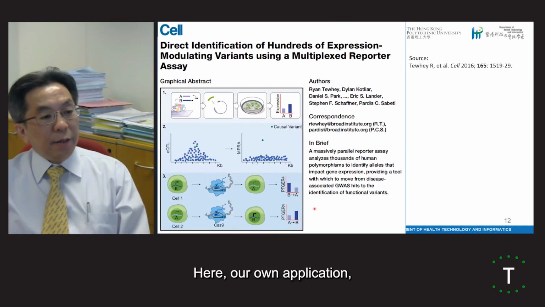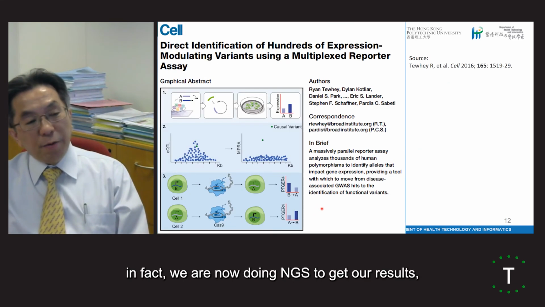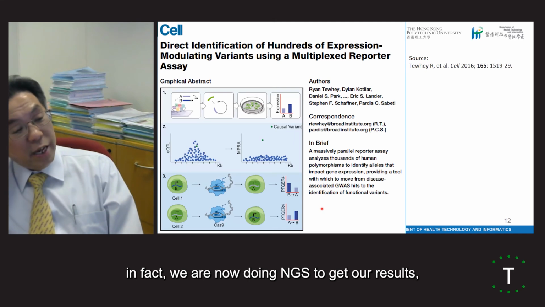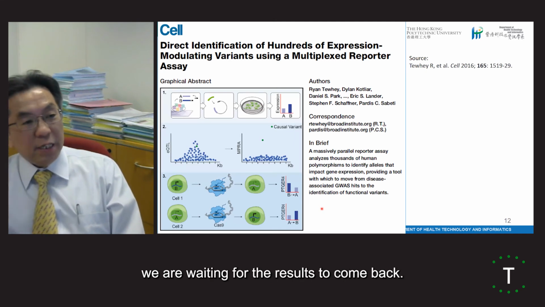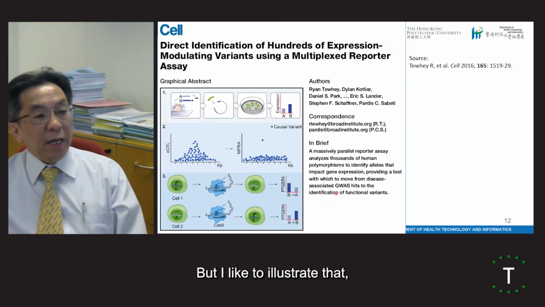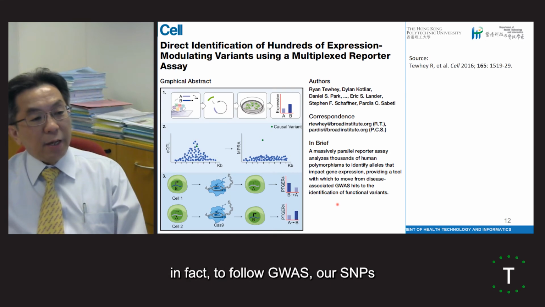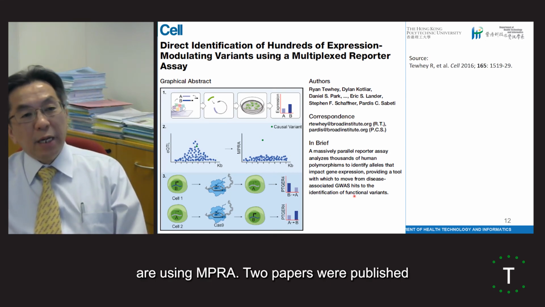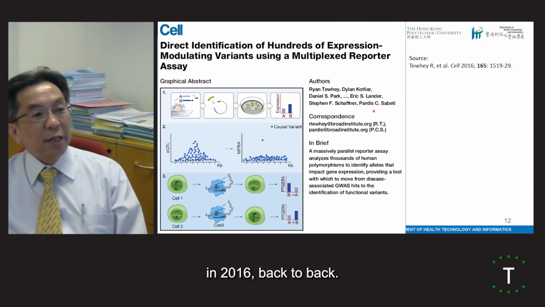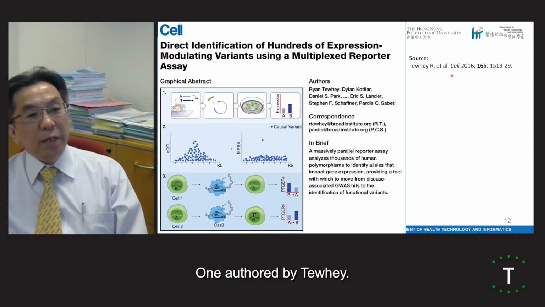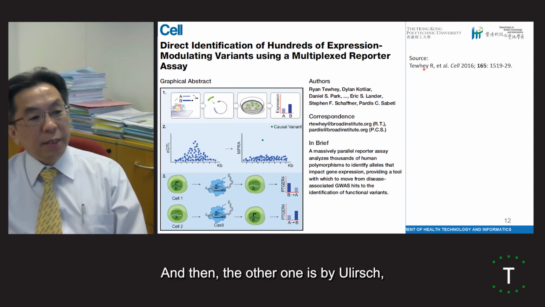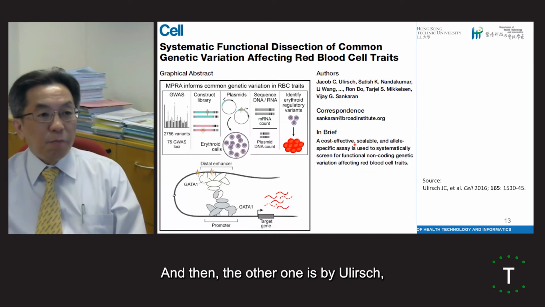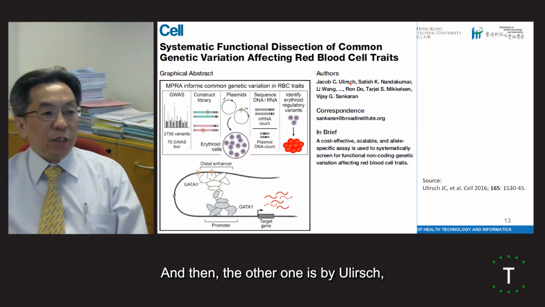Here, in our own application, we are now doing the NGS to get our result. We are waiting for the result to come back. But I'd like to illustrate how MPRA is used to follow up GWAS SNPs. Two papers were published in 2016 back to back, one by Tewhey and the other by Ulirsch.